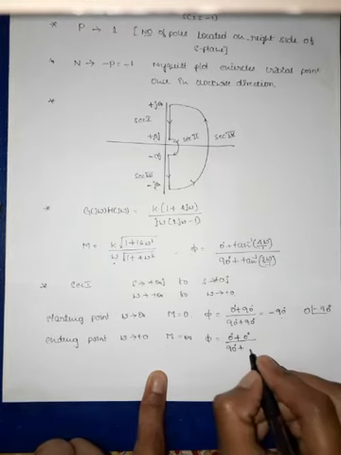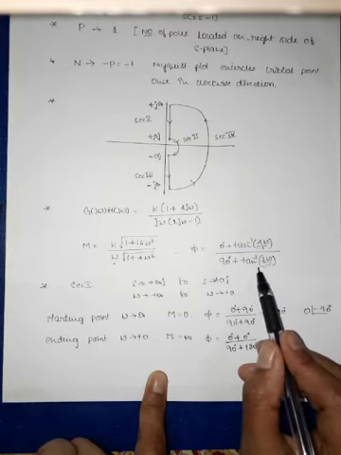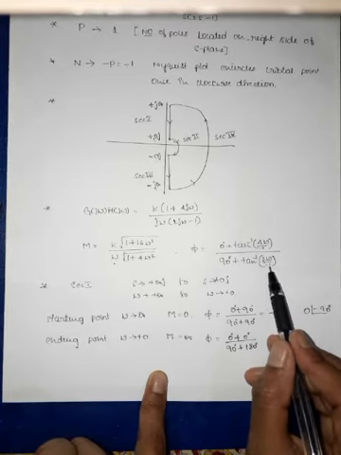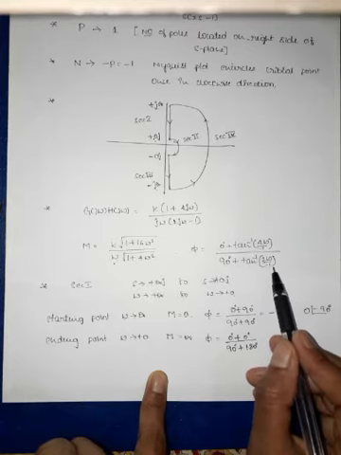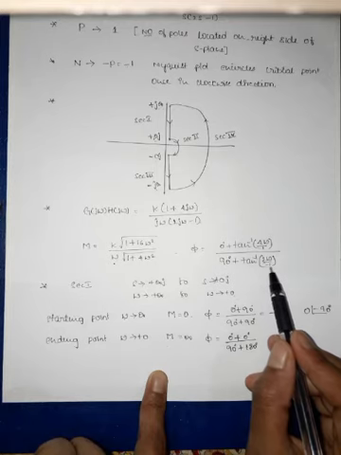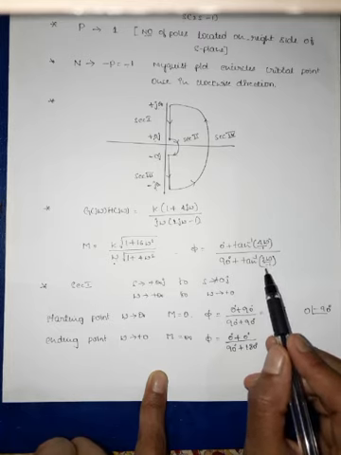So we are going to have plus 180 degree. If you consider tan inverse of y by x, x is having negative sign and y is having positive sign, so we are going to have the angle in the second quadrant. Once you find the angle in the second quadrant, we need to add that value to 180 degree.